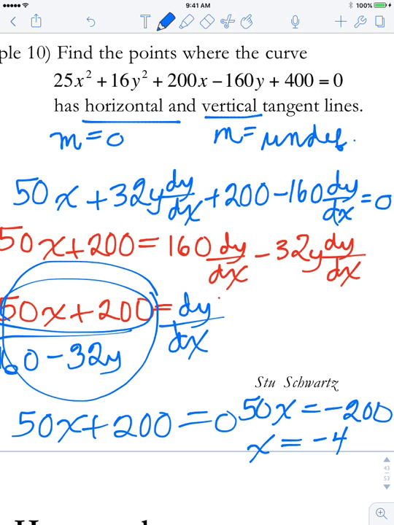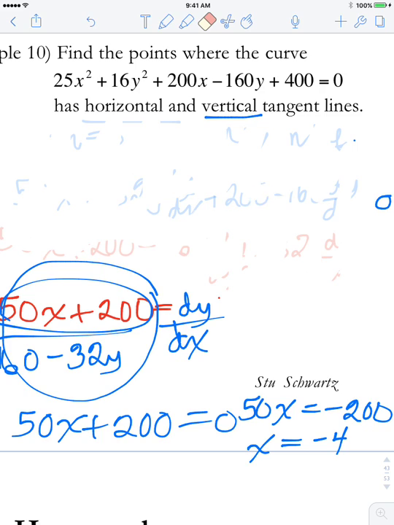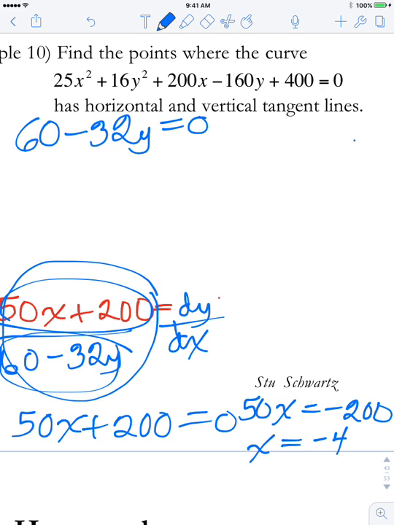And what about when it's going to be undefined? I'm actually going to erase some of this stuff here. I don't need all this. Okay, and when am I going to have a vertical line? When I have an undefined slope. When is something undefined? When the denominator is 0. Let's set the denominator equal to 0. So when will 60 minus 32y equal 0?